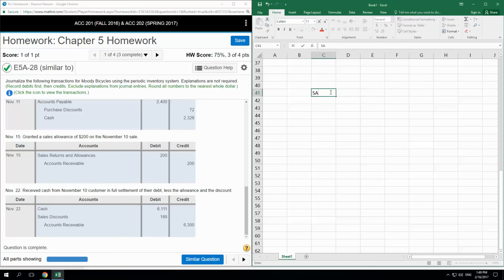We did it like this, right? Sales revenue, and then we had less, and we had sales discounts, and sales returns and allowances. And then when we got down to the bottom, we had net sales. So that's the way you present it. Does it make sense?